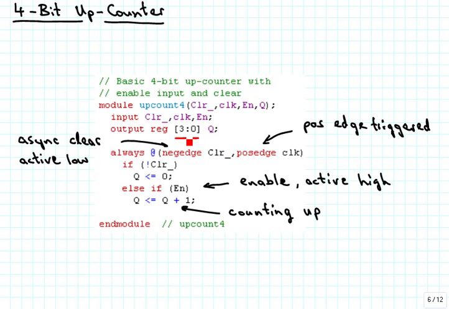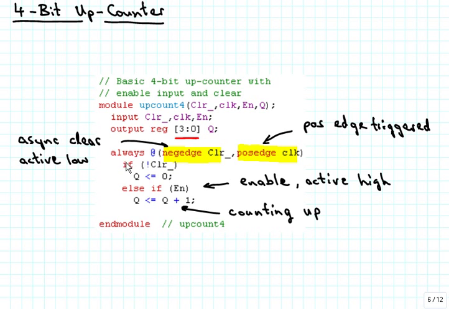And we are using an asynchronous clear because we use the negedge clear as one of the parameters in the sensitivity list. It's also positive edge triggered on the clock through that portion of the sensitivity list. And we check first whether it is clear or not when we get into the always block.